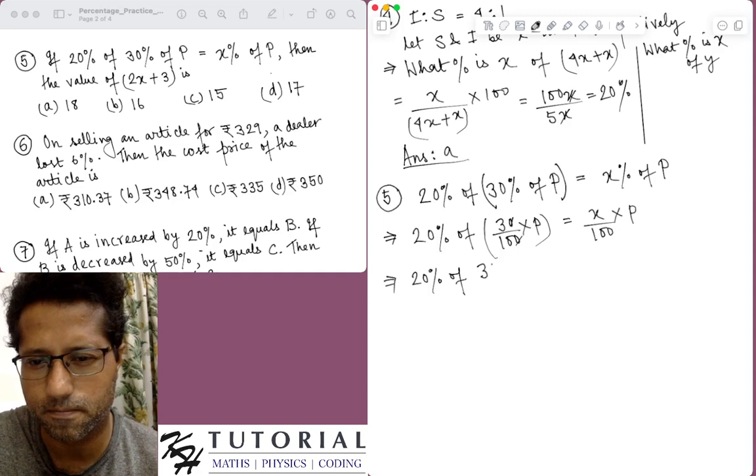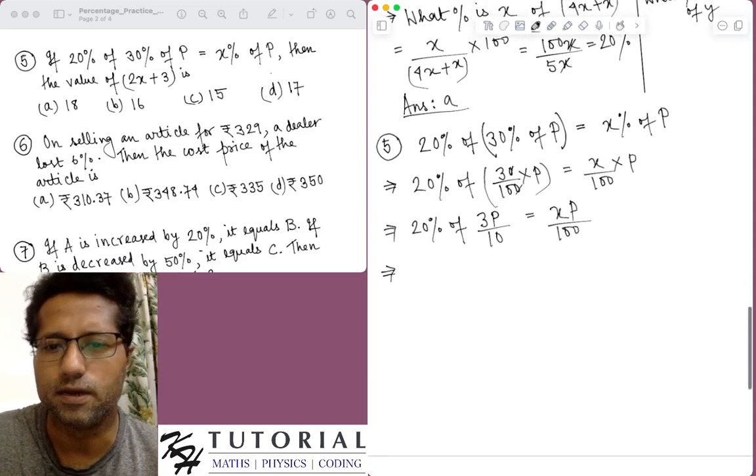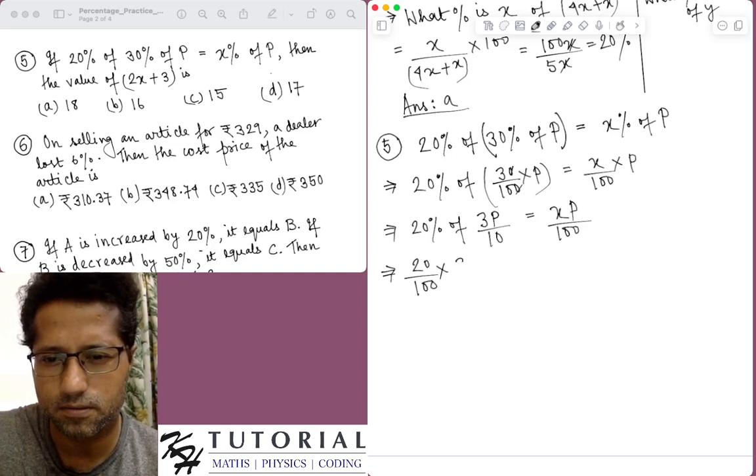So 3P by 10 equals xP by 100. So the left hand side, 20% of 3P by 10, means 20 by 100 multiplied by 3P by 10 equals xP by 100.